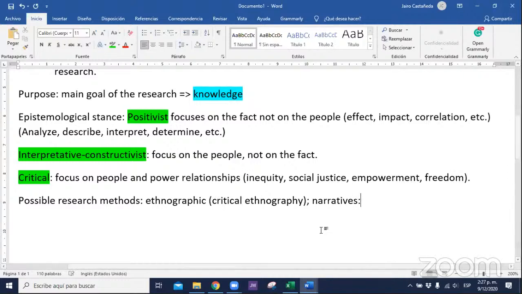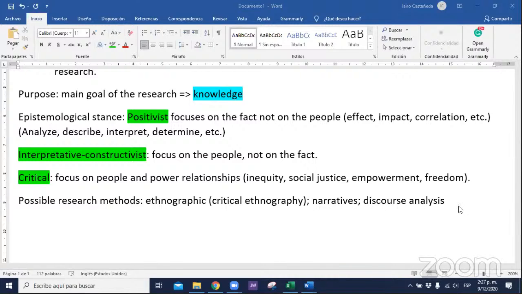Yes? Or imagine that you want to do a discourse analysis. Discourse analysis has the two perspectives as well, interpretative or critical. And it is the same.